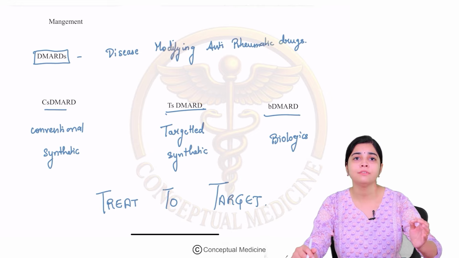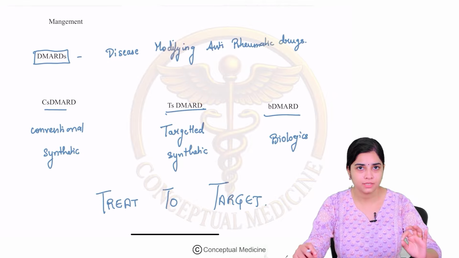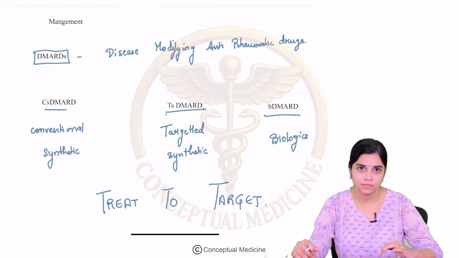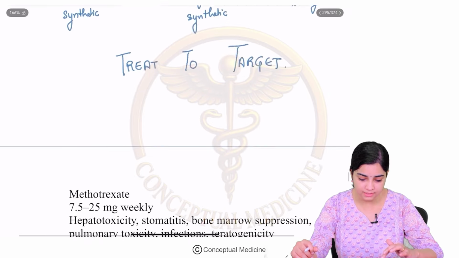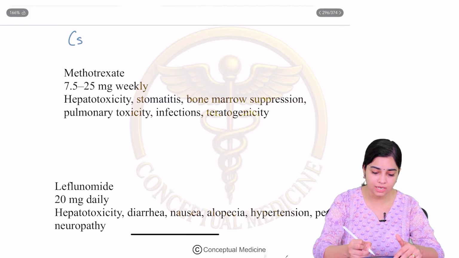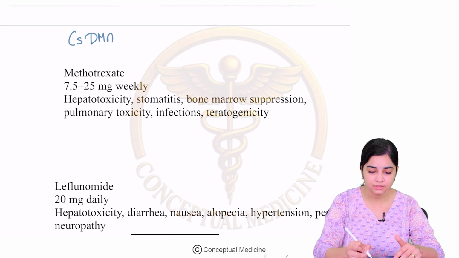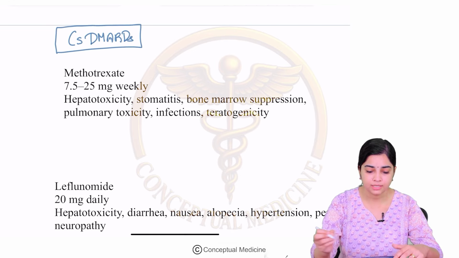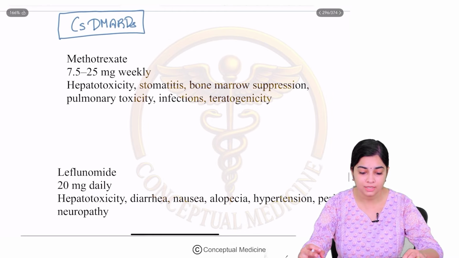Fine. So now we will be going through the list of certain drugs along with their common doses and common side effects. Right. So first we start with your CS DMARDs, your conventional DMARDs. What are the drugs that are used? First line treatment of rheumatoid arthritis involves the use of conventional DMARDs.